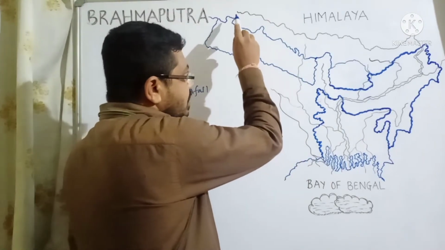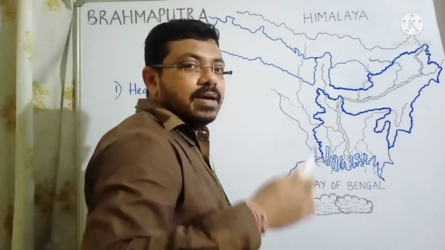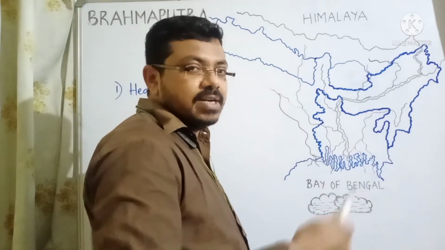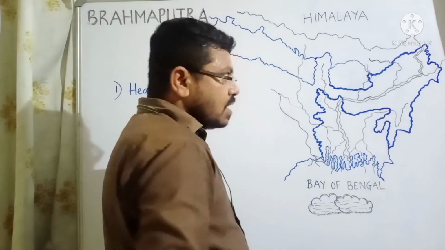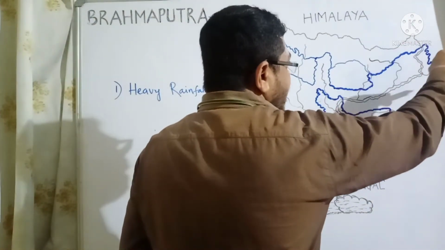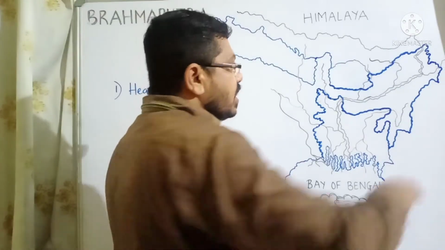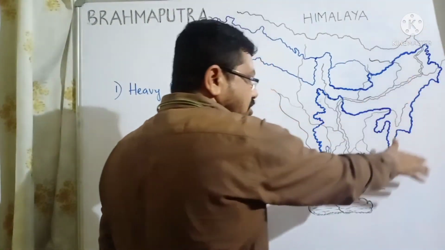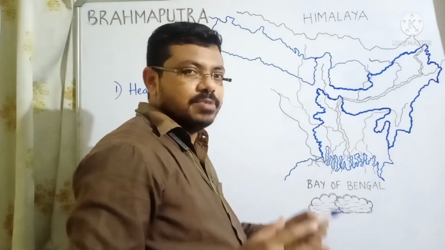Here you can see the Himalayan belt, which has continuous mountain ranges making a natural border. From this point, in the northeastern side, the Himalayan belt bends towards the south.